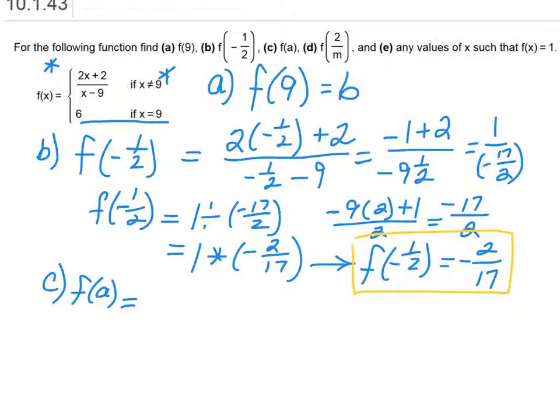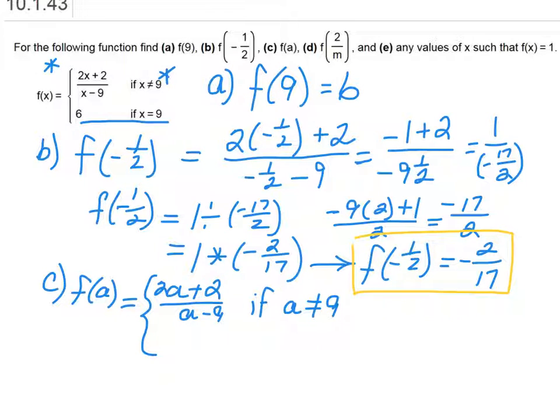So for f of a, we're still going to have a piecewise function, and it's going to be 2 times a plus 2 divided by a minus 9, as long as a is not equal to 9, of course, for the same reason that x couldn't be 9.